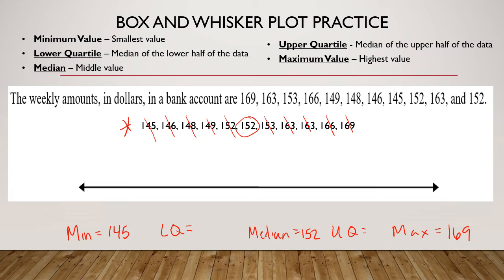Now I'm going to erase these, and I'm going to find my lower quartile, or the median of the lower numbers. I'm excluding my median when I do this. I'm going to start by crossing out 145, 152. Looks like I get 148, and that's going to be my lower quartile.